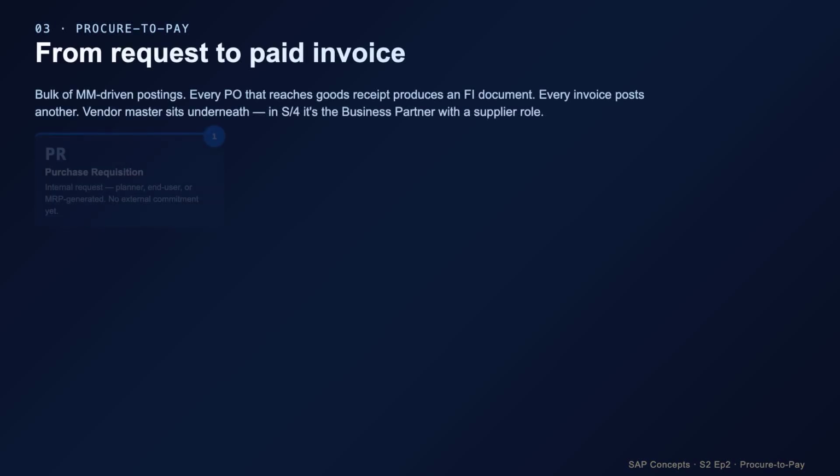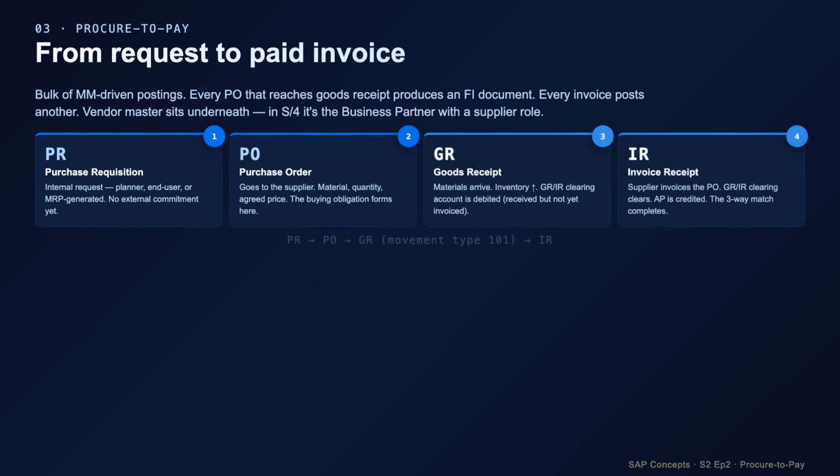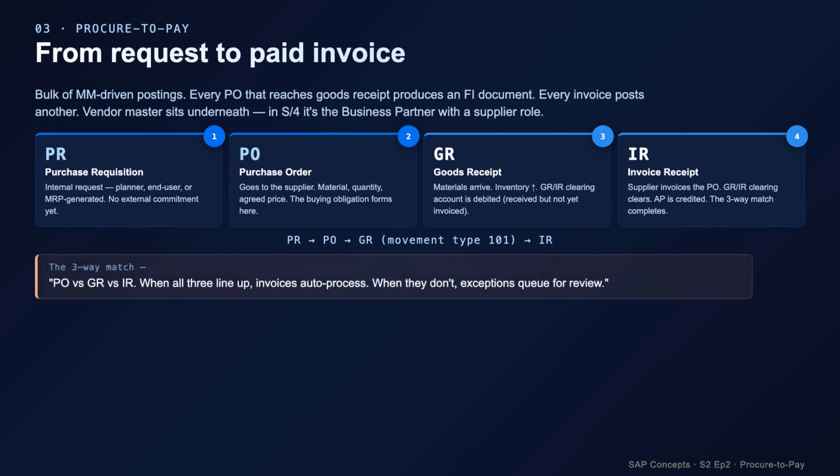We met Procure-to-Pay in Season 1, Episode 4. Quick refresher. Purchase requisition, internal request, created by a planner, an end user, or by MRP. No commitment yet. Purchase order goes to the supplier. Material, quantity, agreed price.